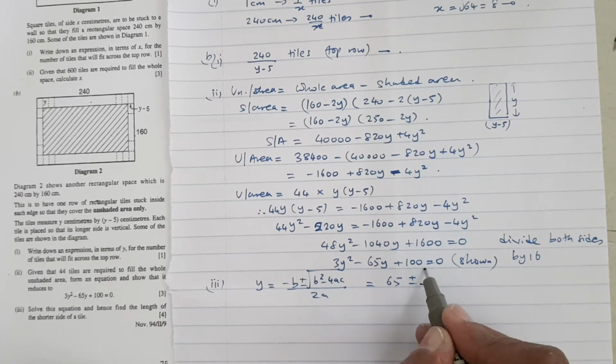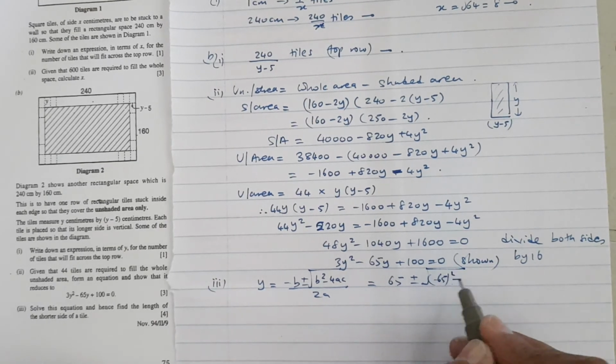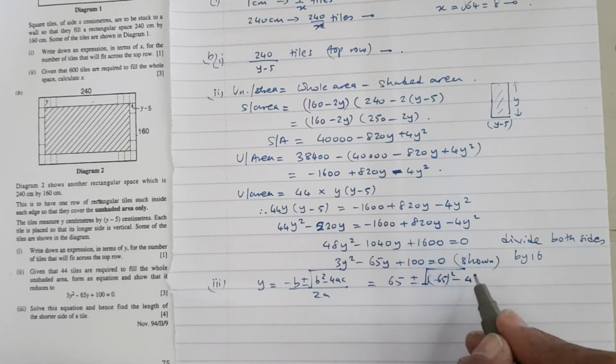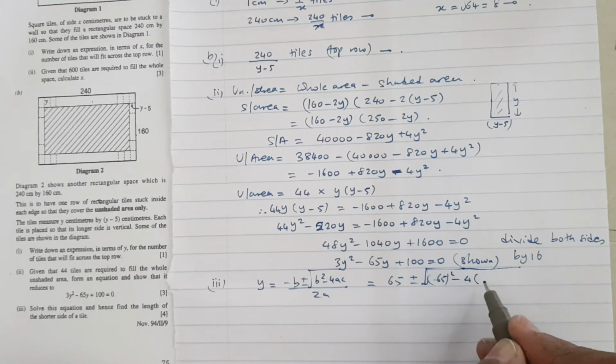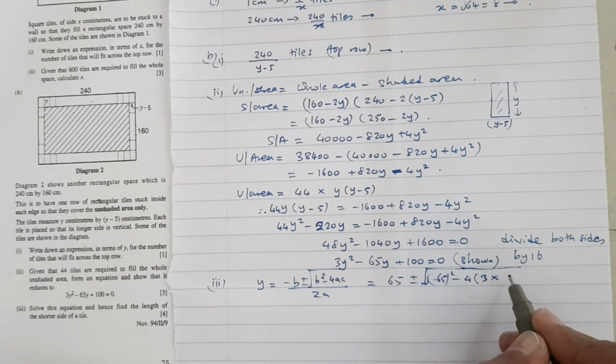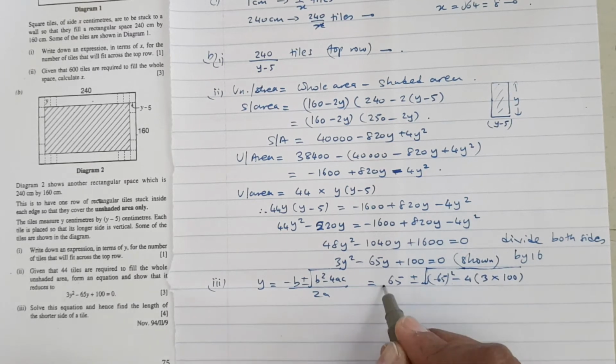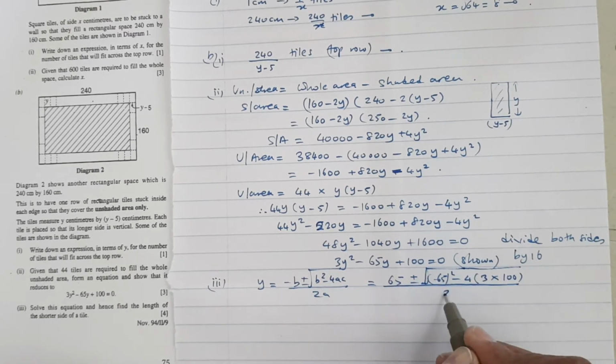So that's going to turn out to be 65 plus or minus the root of b squared, that is minus 65 to the square, minus 4 times a times c, minus 4 times 3 times 100, all of that divided by 2 times a, which is 3.